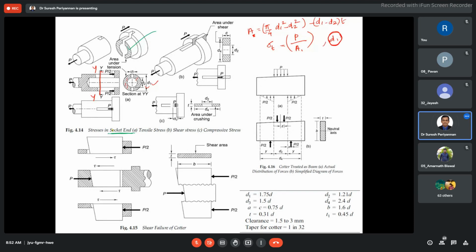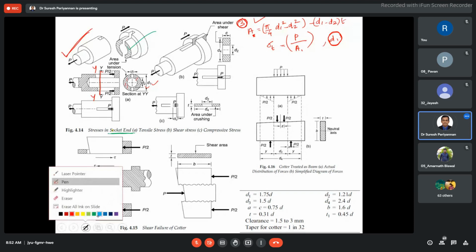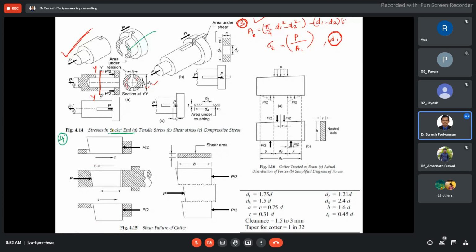Now I come to the shear failure of the quarter. This is the fourth case.